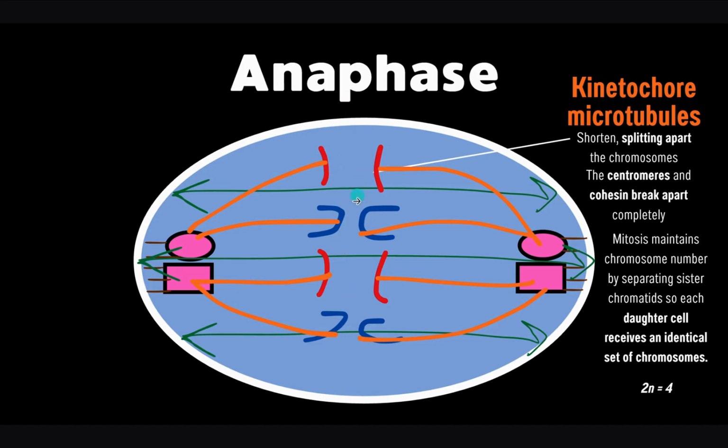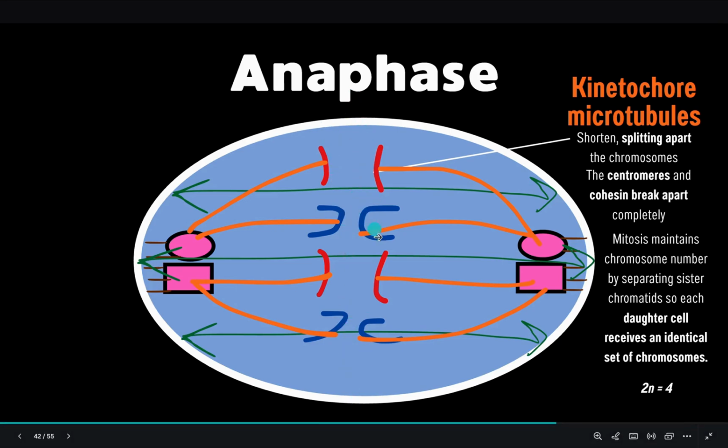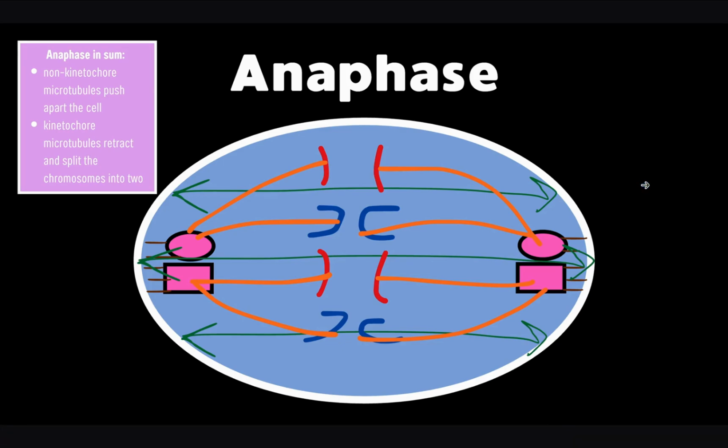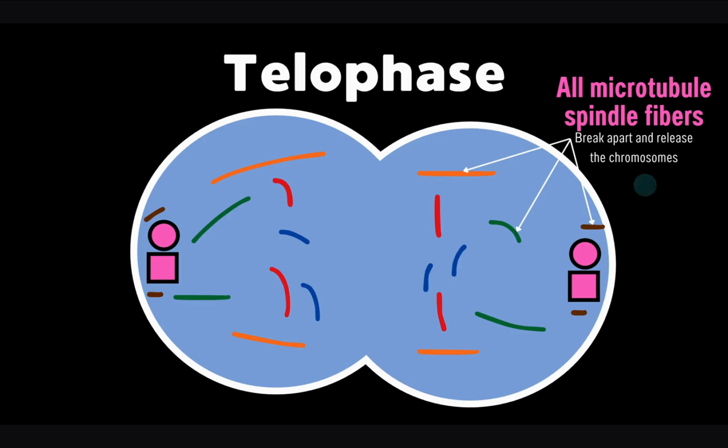It's like a mirror. Put like a mirror in the middle. They're basically the same. Alright? So 2n still equals 4. The diploid number is still the same. So in sum, non-kinetochore microtubules push apart the cell in anaphase, which gives the cell like this oval shape. And the kinetochore microtubules are going to shorten, like kind of retract a bit, and split the chromosomes into 2.